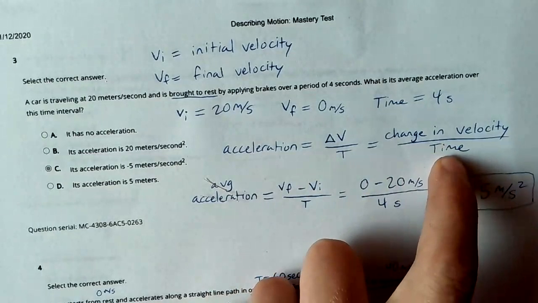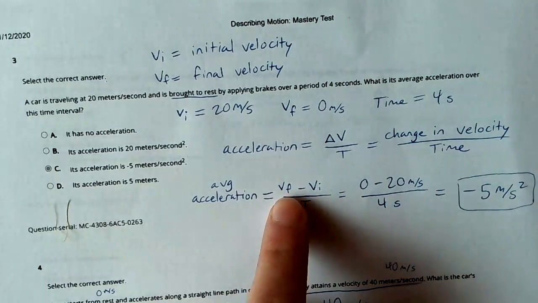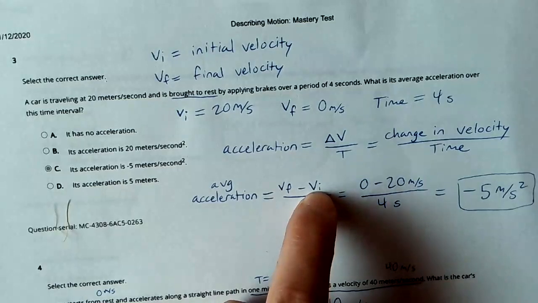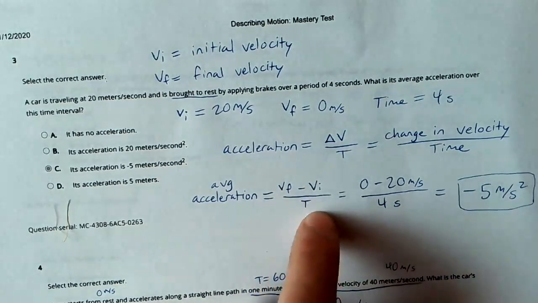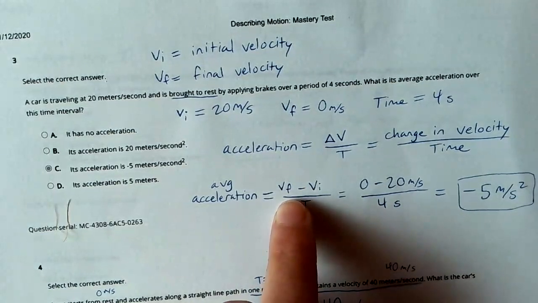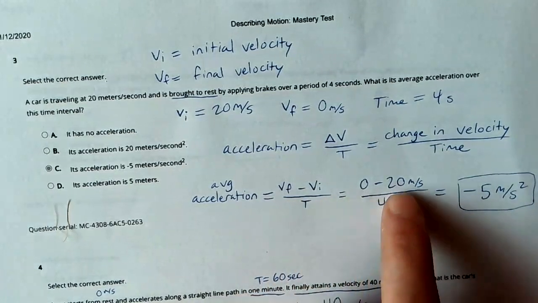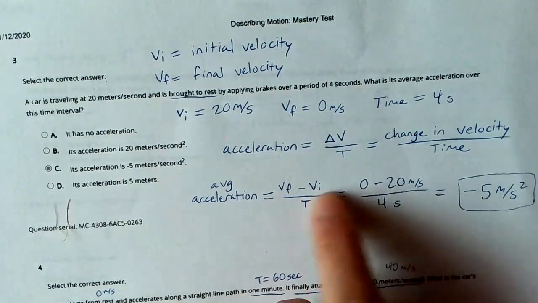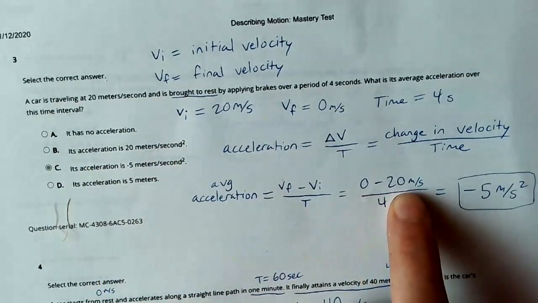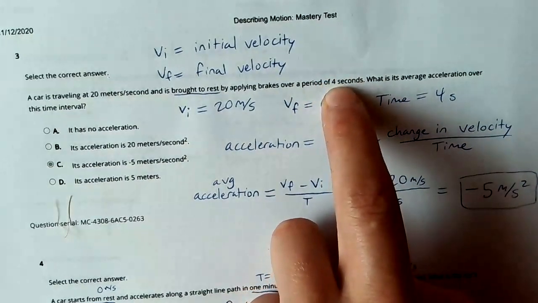So we take the final velocity minus the initial velocity and then divide that by time. What was the final velocity? Well, it was brought to rest, so it's 0 meters per second, minus the starting velocity, which was 20 meters per second. So 0 minus 20, all divided by 4 seconds. That's the time it took to completely stop.